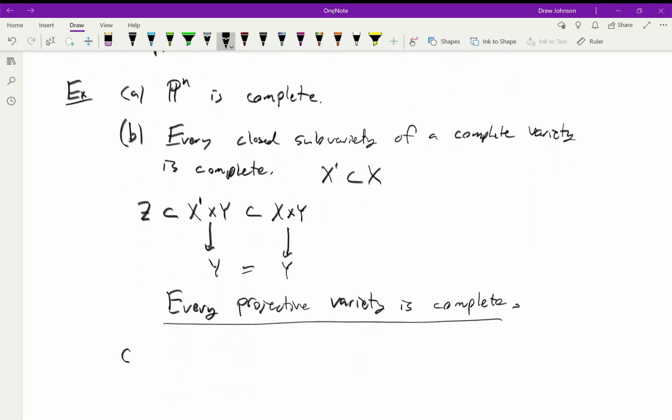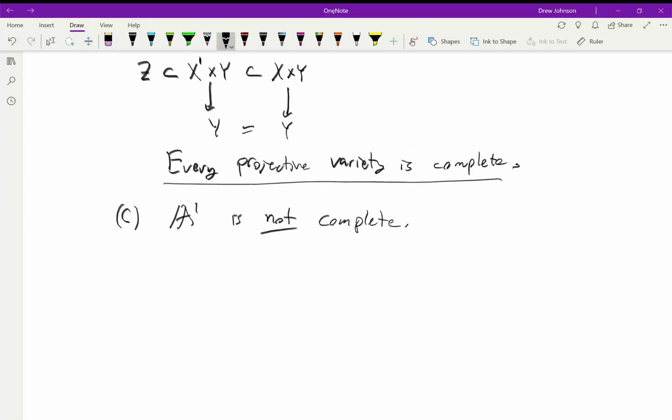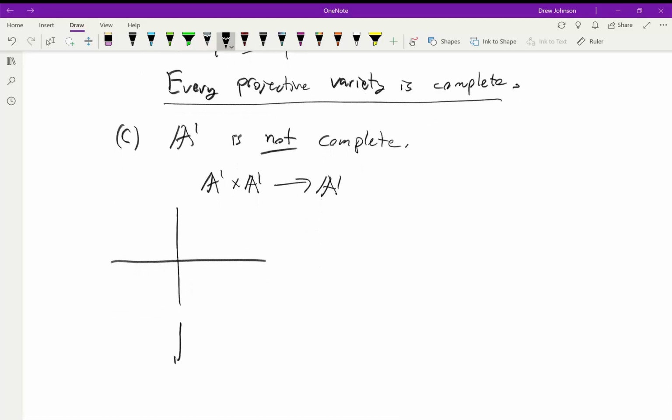Let's contrast this with the case of affine space. So let's look at A^1. So A^1 is not complete. So let's see an example where the closed property fails. So if we look at A^1 × A^1 projecting down to A^1. So just draw my picture of A^2 here, and it just projects down onto one of the factors. Let's take a closed subset, Z equals the vanishing set of xy − 1.